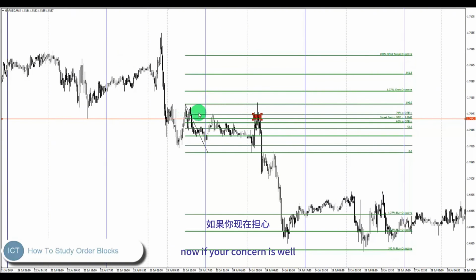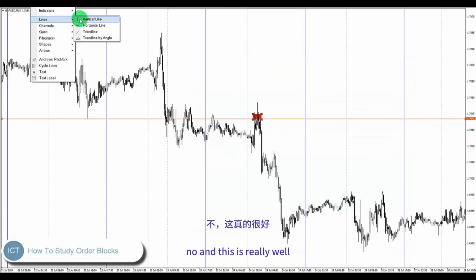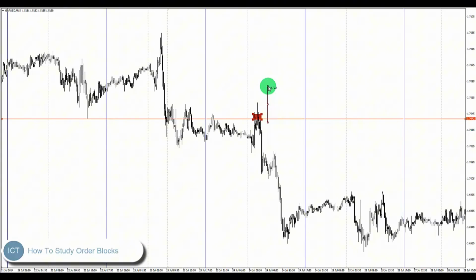Now, if your concern is, well, wouldn't I be stopped out there? No. And this is really what I want to kind of get at too. Once you have an understanding, there's 30 pips. Right there's 30 pips.